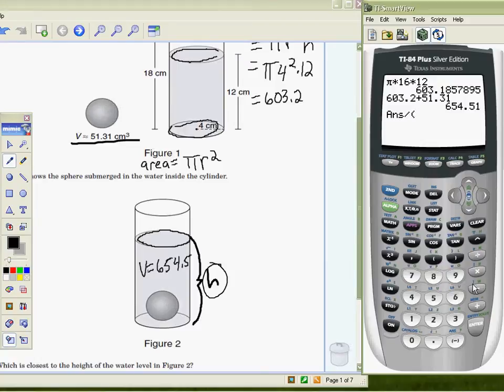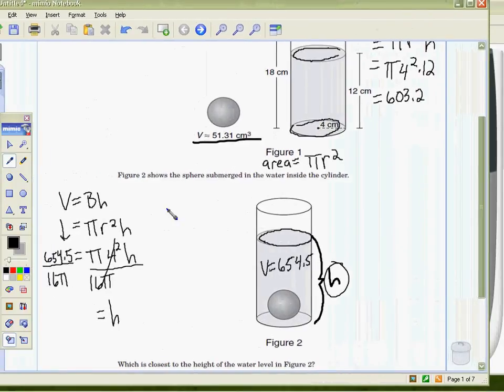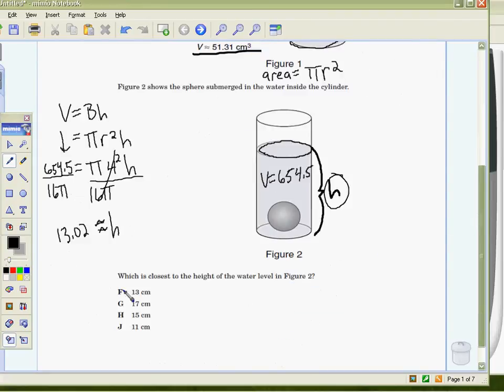Make sure, since it's on the bottom of this fraction, you put 16 times pi in parentheses. If you don't, you'll get an incorrect answer. And I get 13.02. So h is approximately 13.02, which is letter F.